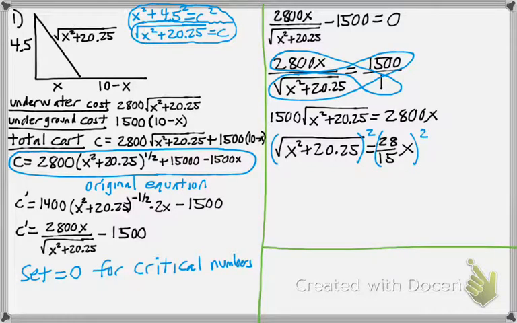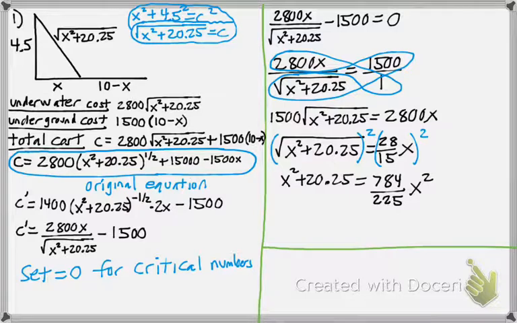So if we square both sides, then we're going to get x squared plus 20.25 is equal to 784 over 225x squared.